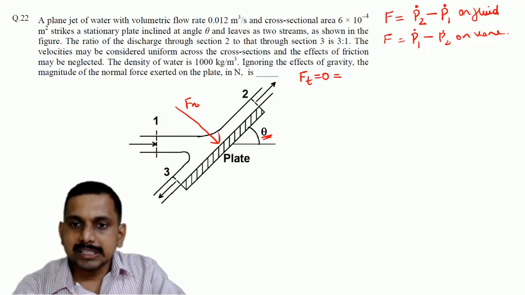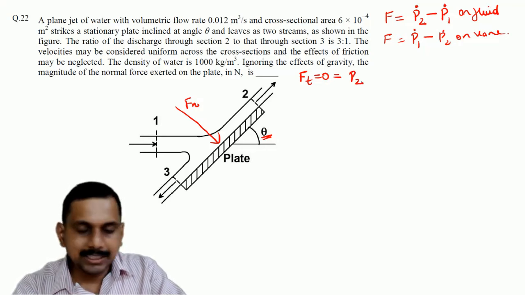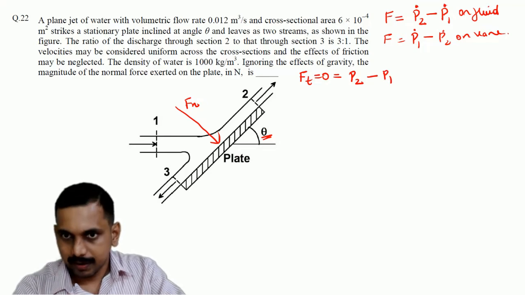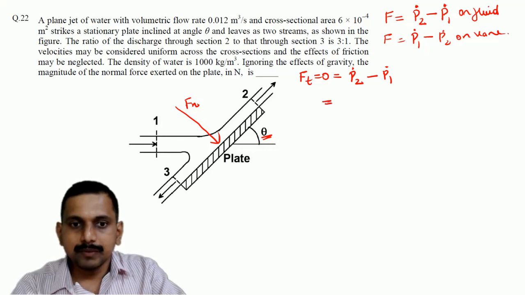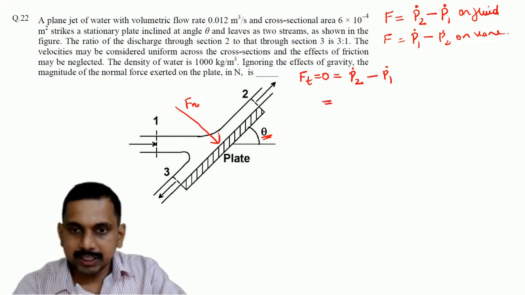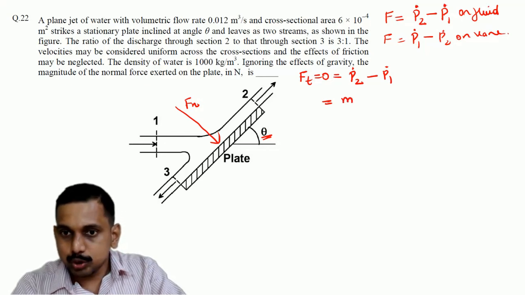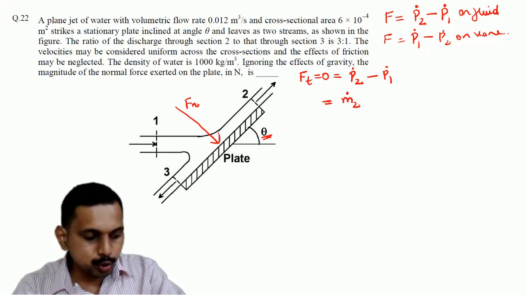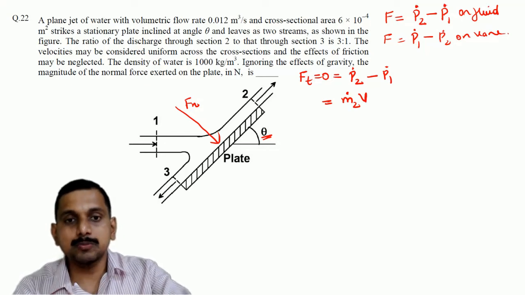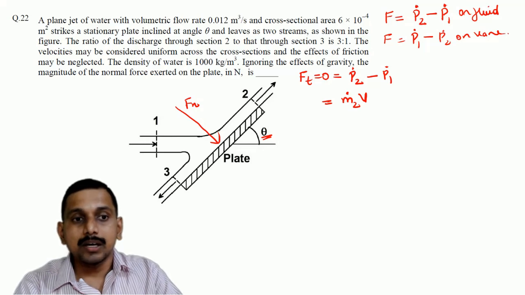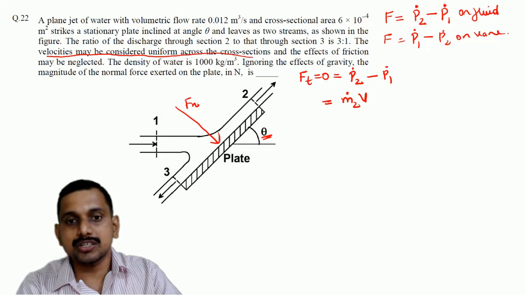Now we will take this as P2 minus P1 is equal to 0, or P2 dot minus P1 dot. What is P2? P2 can be written as M2 dot into velocity. Here one of the main things which has been told is the velocities may be considered uniform across the cross sections.